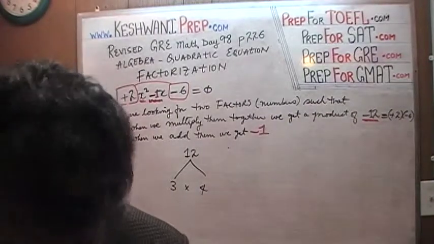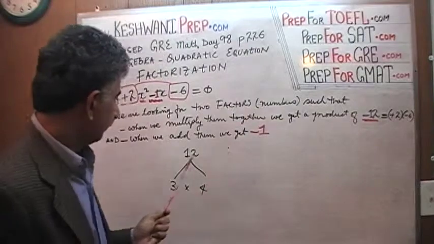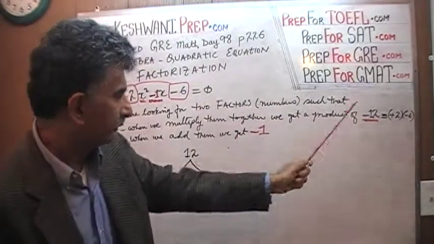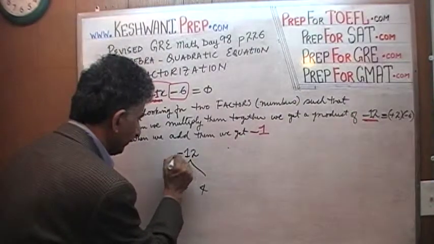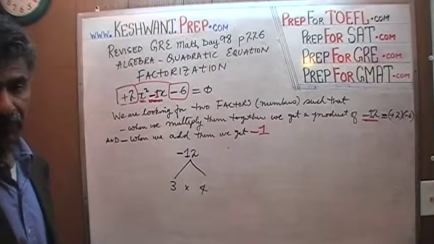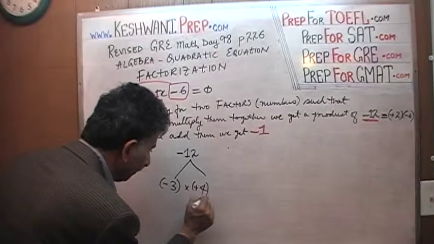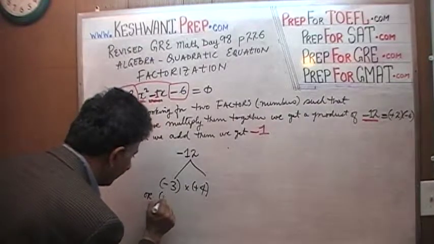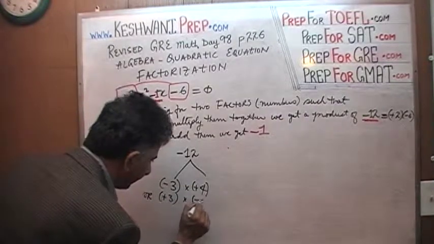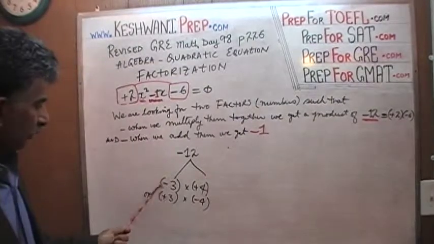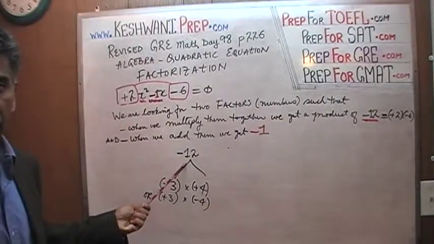Except here we don't have a 12, we have a negative 12. So let's put a negative in front of it. When we put a negative, there are two possibilities. Either we have a negative 3 times a positive 4, or a positive 3 times a negative 4. Both of these scenarios will give us a product of negative 12.